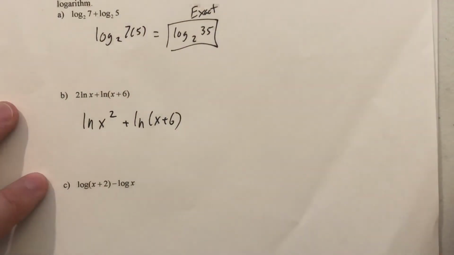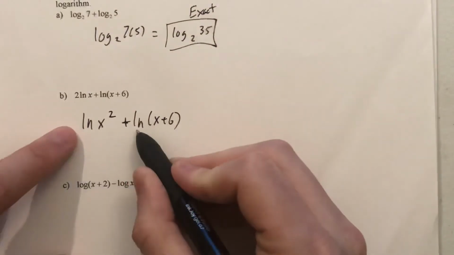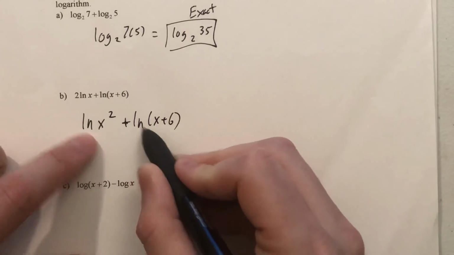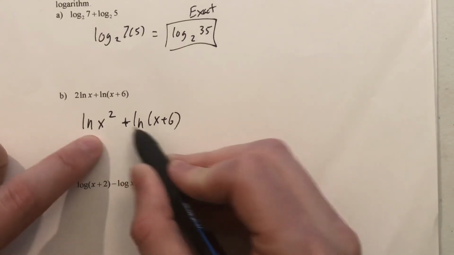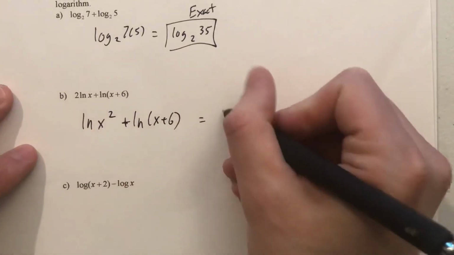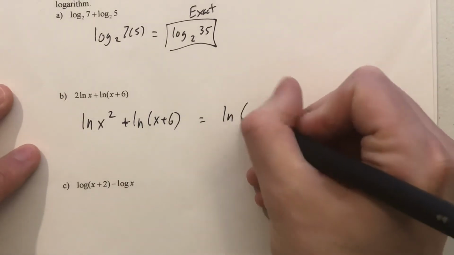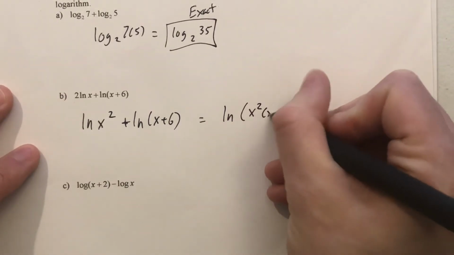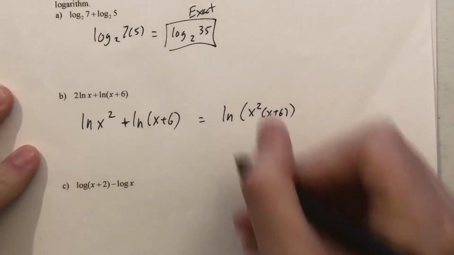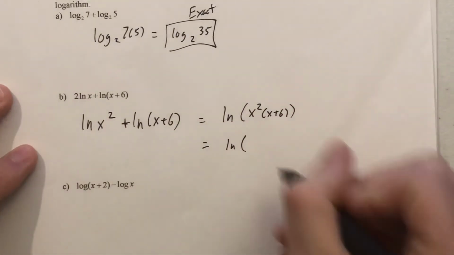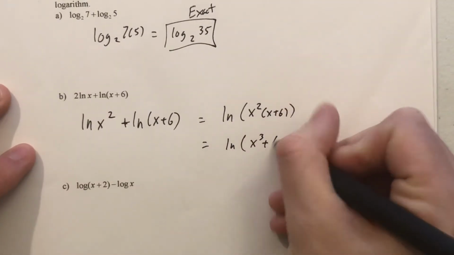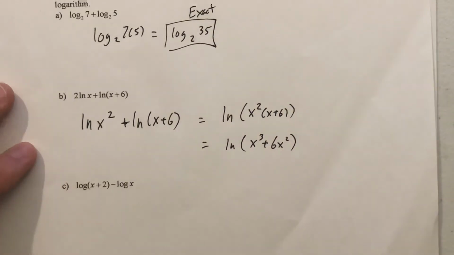Now we've got ln, so that means log base e, so they are the same base, and we can combine them into a single logarithm, ln of x squared times x plus 6, which we could even simplify a tiny bit by distributing: x cubed plus 6x squared.